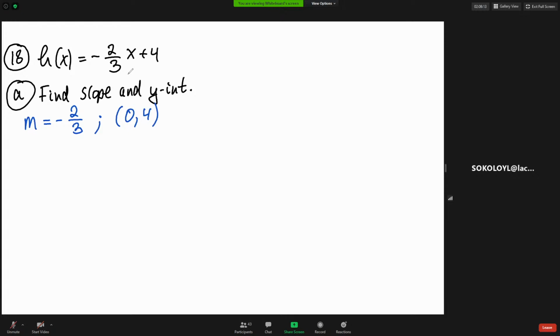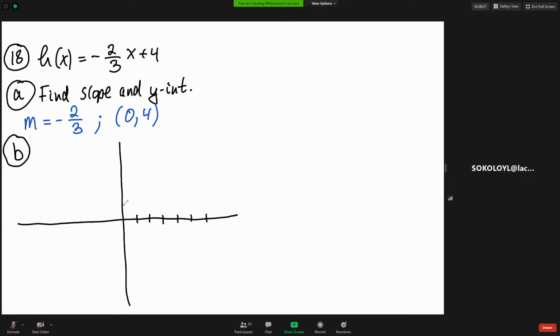Part B is asking us to graph. Here you might have to remember a little bit of algebra. I'm not going to do a very neat graph, I'll just sketch it. But if we have slope-intercept form, in algebra we talked about a few different methods for graphing lines. One of them was from the slope-intercept form.